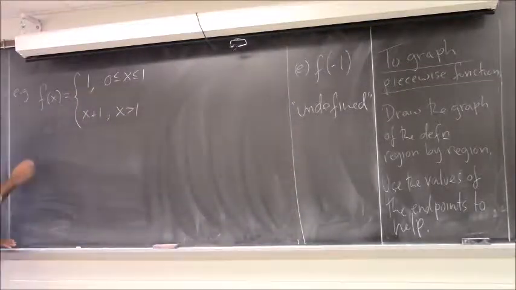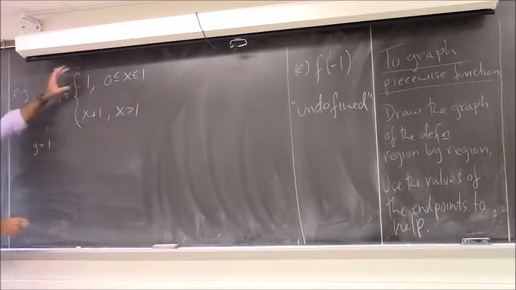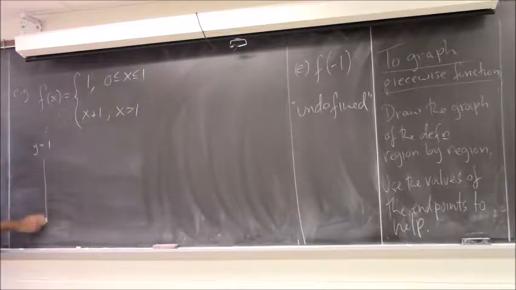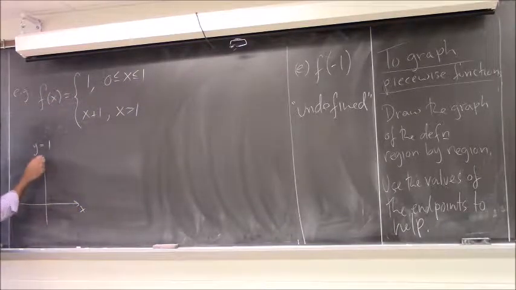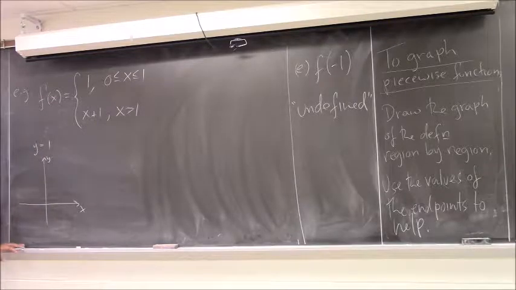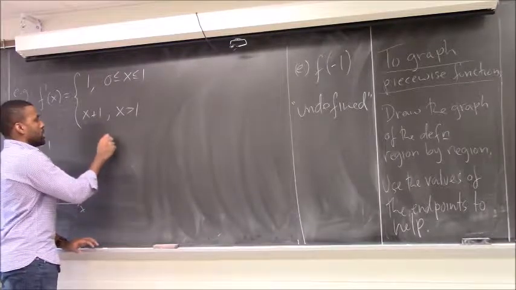So for example, if I had to graph y equals 1, just the top function, what would that look like? You have a horizontal line at 1. Just a horizontal line passing through 1. And what if I had to graph y equals x plus 1?